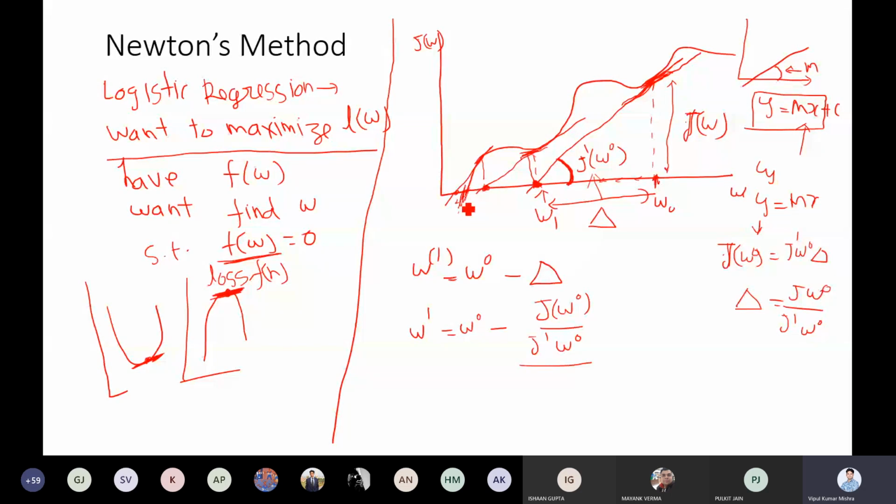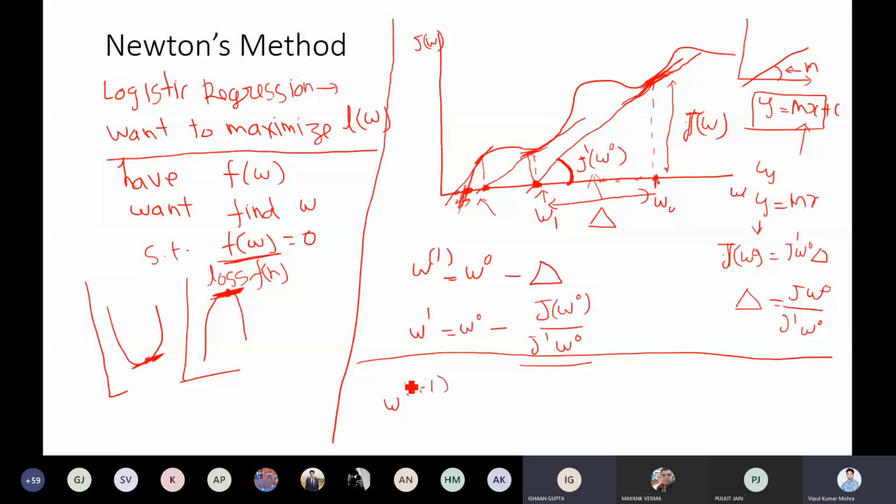With very few iterations you will reach very close to the cut point where x is 0, and that is what we are looking for. So this is known as Newton's method. Now instead of going into the big derivation, I will just state the equation. You can do the derivation on your own, but it is a really big derivation, so I will not go for that.